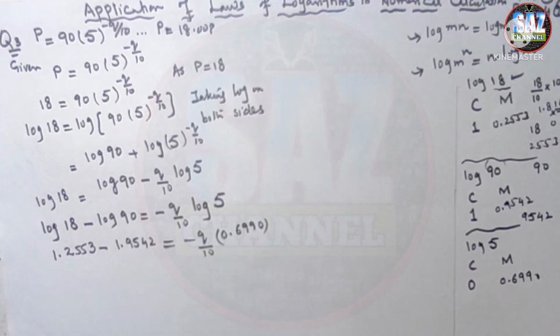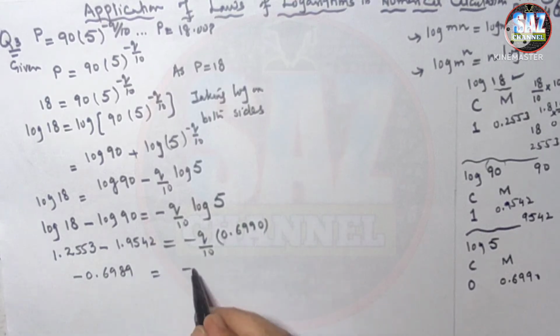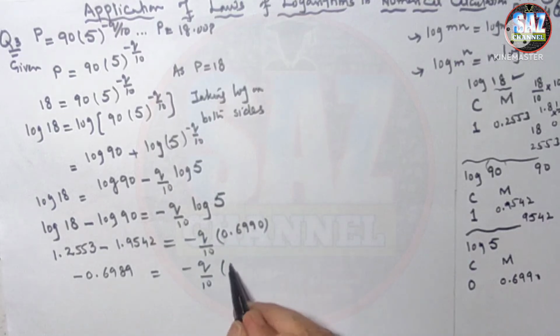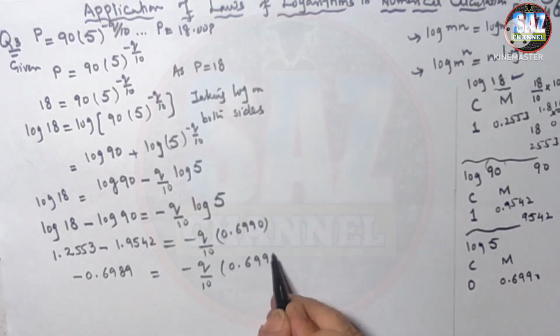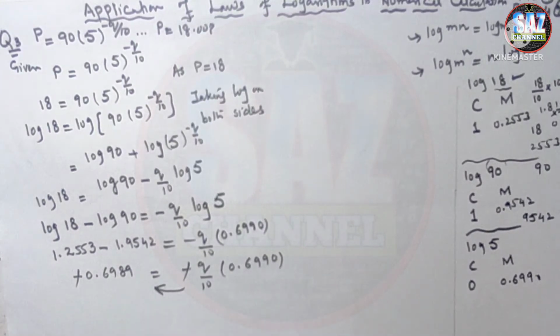Okay, now the calculation part, 1.2553 minus 1.9542 gives me minus 0.6989 equals minus q by 10 into 0.6990. One thing, this minus sign can go at this stage, you have good command on this, and then I have to take 10 to the other side.